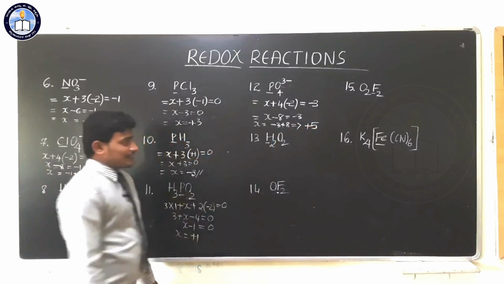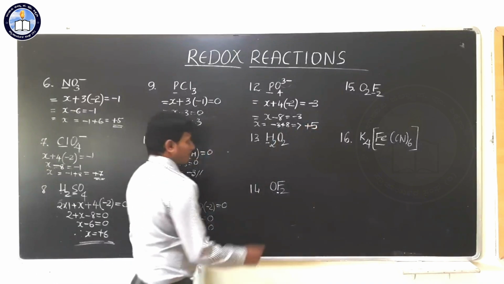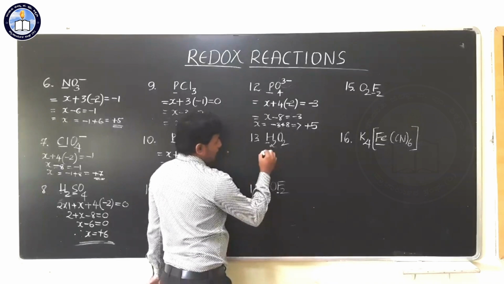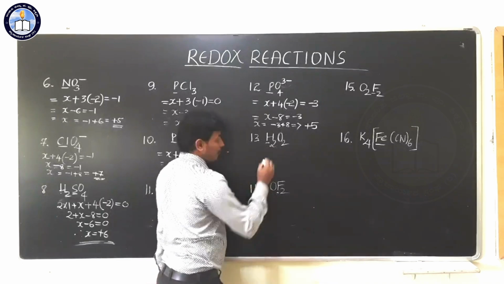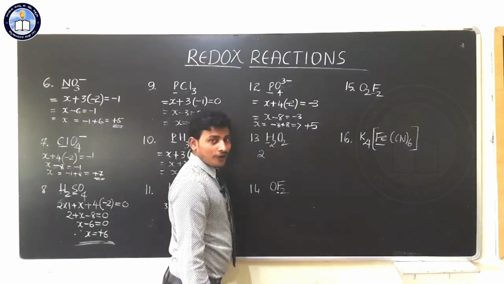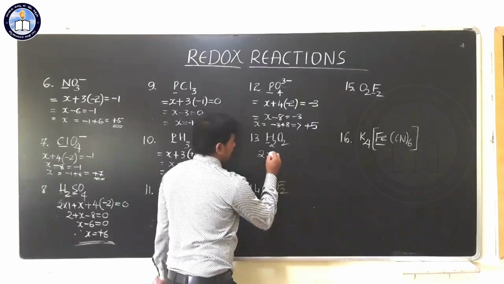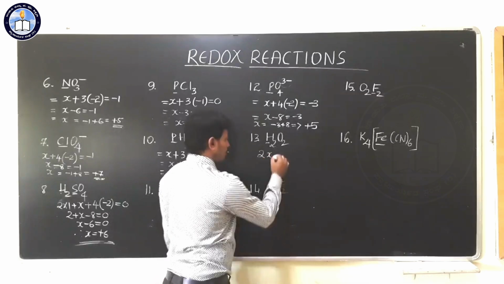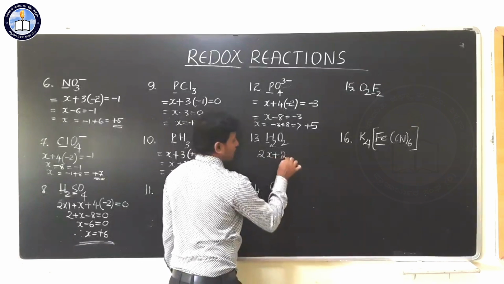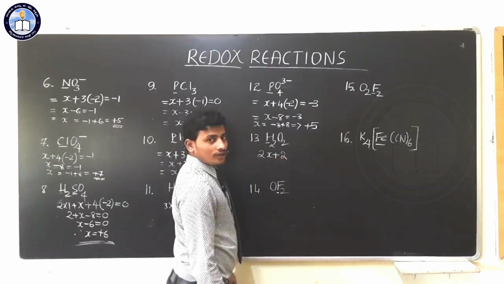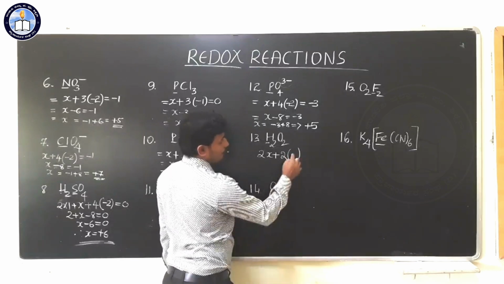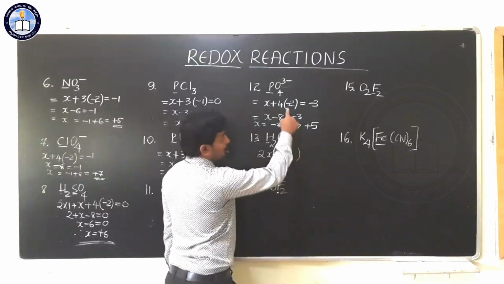Now, what about in this case? Find out for hydrogen. We don't know hydrogen, we have to find it. There are 2 hydrogen atoms, which is x, plus 2 oxygen atoms. Is the value of oxygen minus 2?